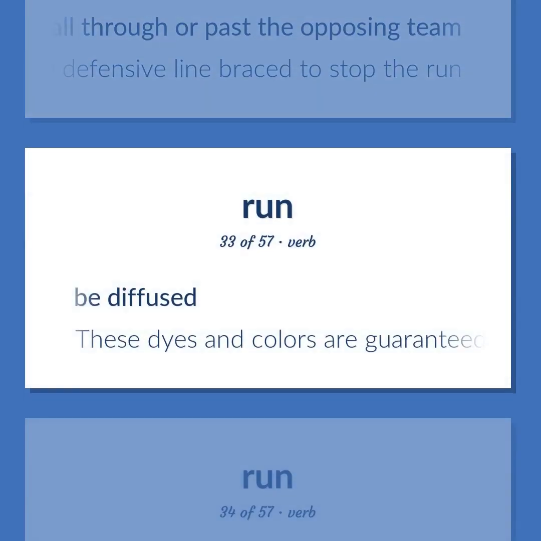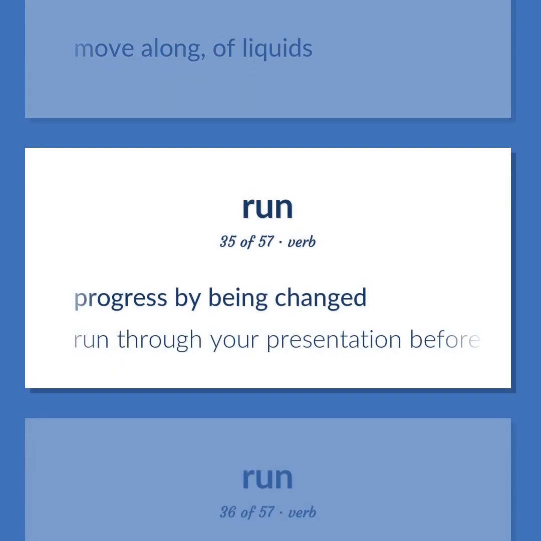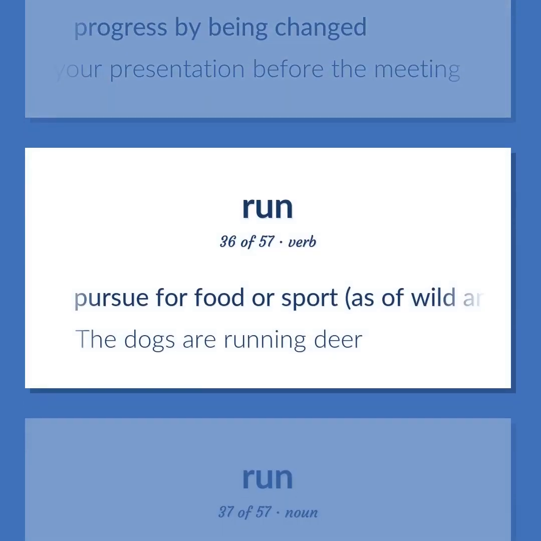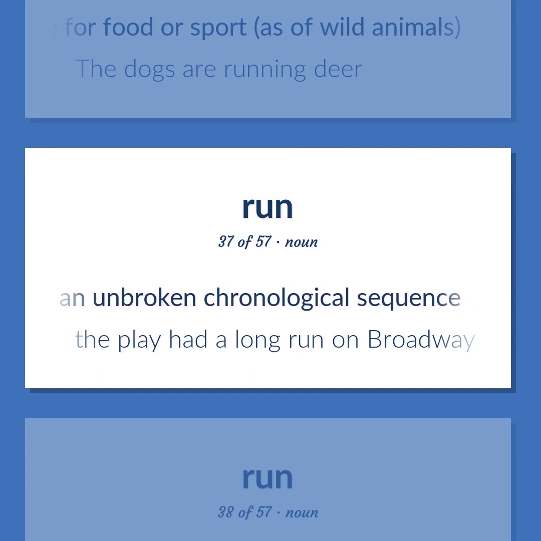Be diffused. These dyes and colors are guaranteed not to run. Move along, of liquids. Progress by being changed. Run through your presentation before the meeting. Pursue for food or sport, as of wild animals. The dogs are running deer. An unbroken chronological sequence.